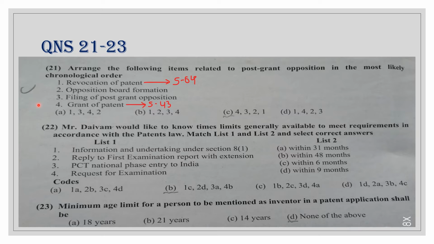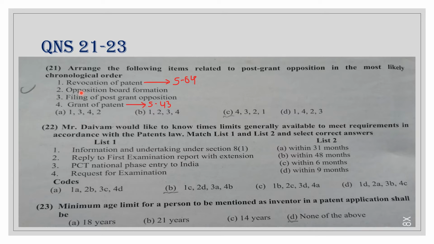Now I think you can very well arrange this sequence. So what should be the first activity? The first activity should be grant of patent. Then after grant of patent, post grant opposition can occur, so filing of post grant opposition. And when post grant opposition is filed, the next activity must be formation of an opposition board.